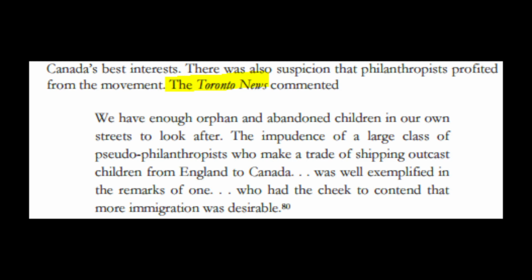The impudence of a large class of pseudo-philanthropists who make a trade out of shipping outcast children from England to Canada was well exemplified in the remarks of one who had the cheek to contend that more immigration was desirable.